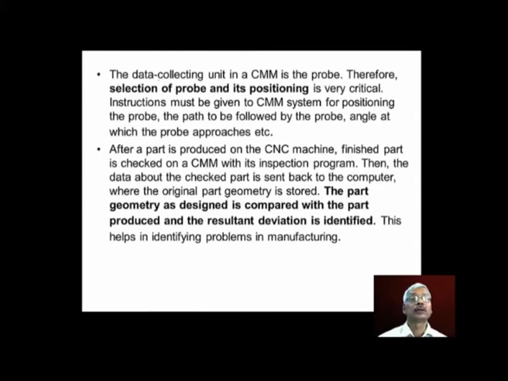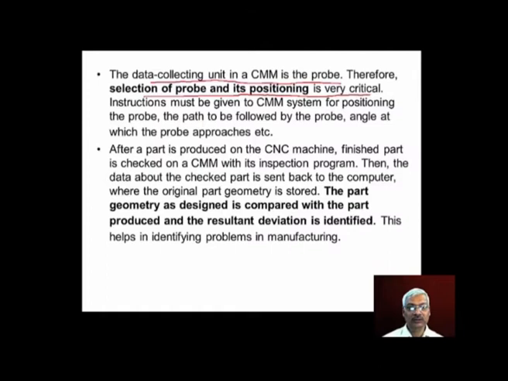Now we have understood that the data collecting unit in a coordinate measuring machine is the probe, the inspection probe. Therefore, the selection of probe and its positioning in the CMM machine is very critical.